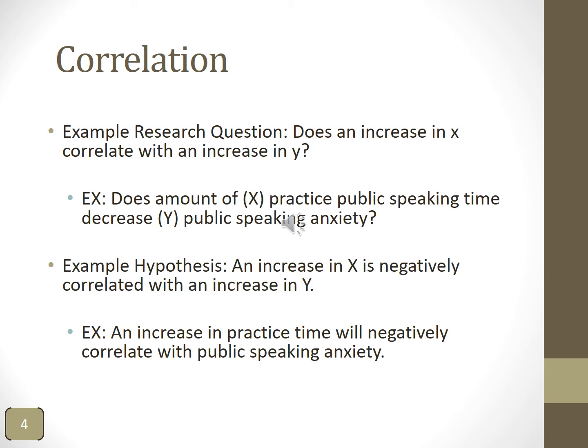So we're asking, the more you practice, do you feel less anxious? An example hypothesis could be an increase in X is negatively correlated with an increase in Y. So an example would be an increase in public speaking time will negatively correlate with public speaking anxiety. And negatively correlating is simply another way of saying when one goes up, the other one will go down.